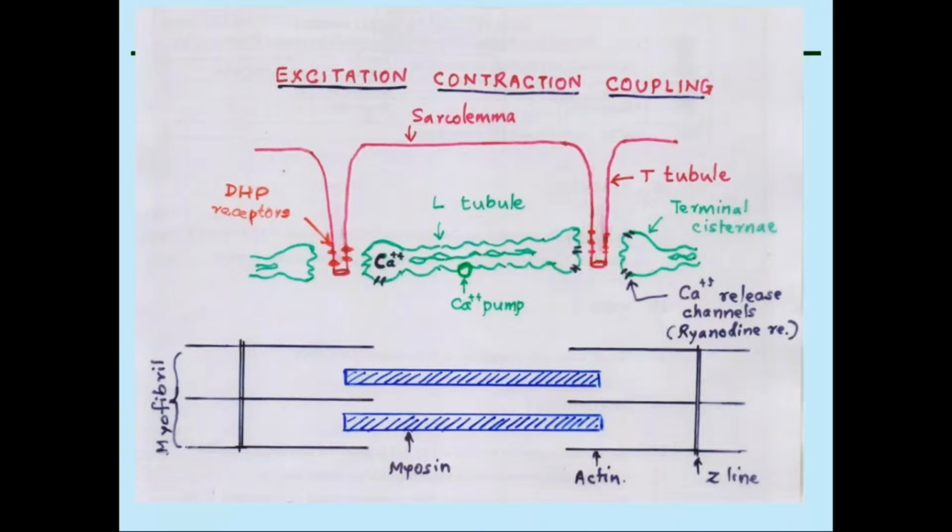So these are the two important things in the L tubule: one is the calcium release channels called the ryanodine receptors, and second, the calcium ATPase present in the wall of the L tubules, which pumps calcium back into the L tubules and helps in relaxation.